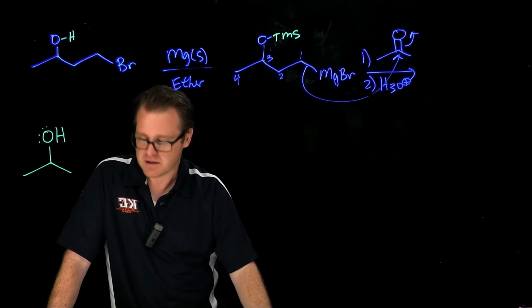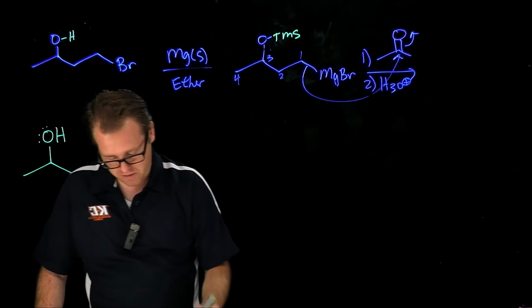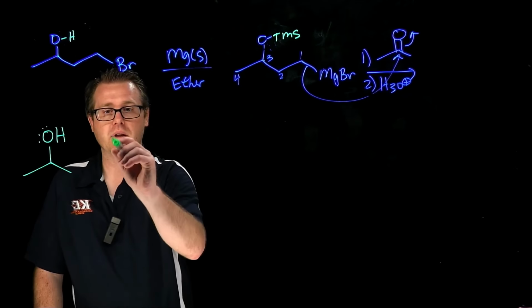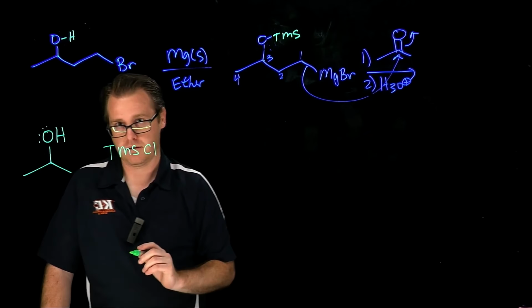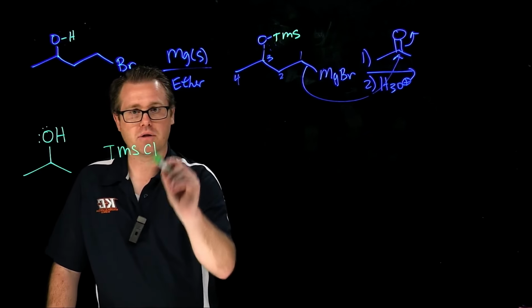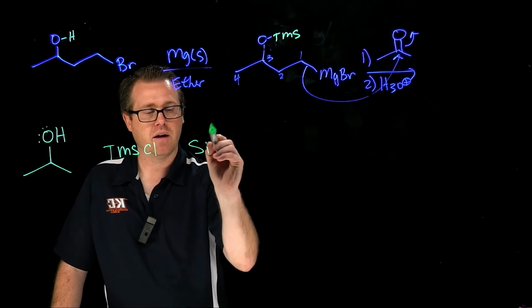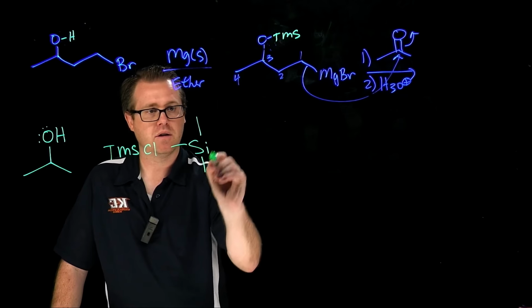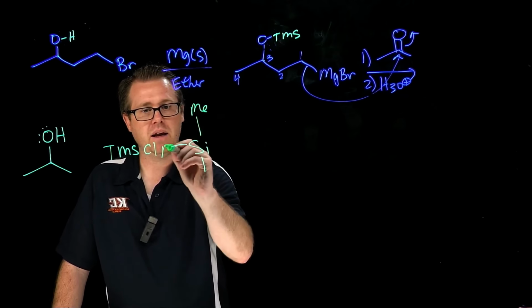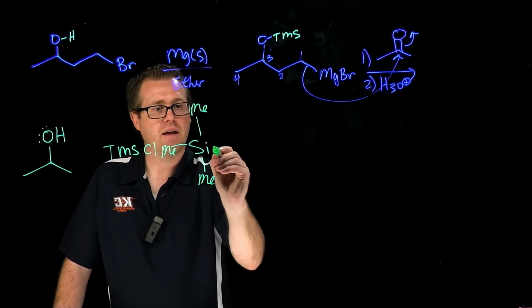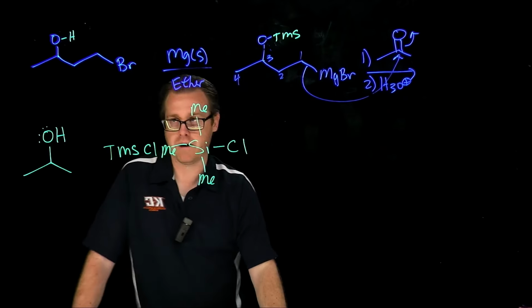If we have an alcohol there, we would treat it with our reagent, TMS chloride. That would look like this. We would have our silicon atom right there, and those would be Me's, right? And then we would have our chlorine right there.